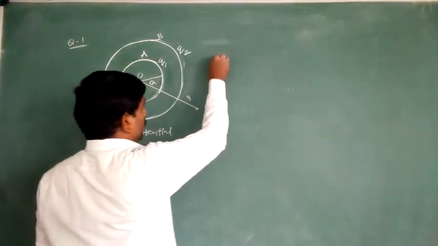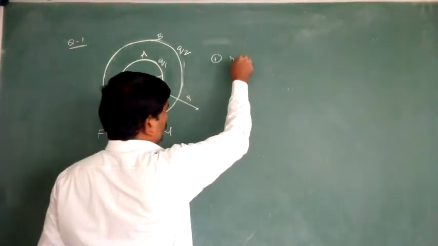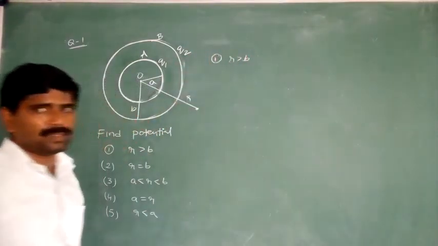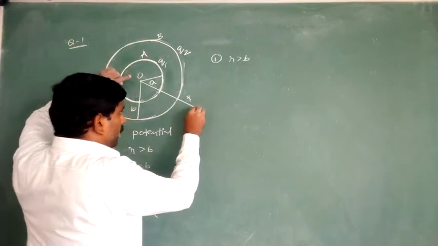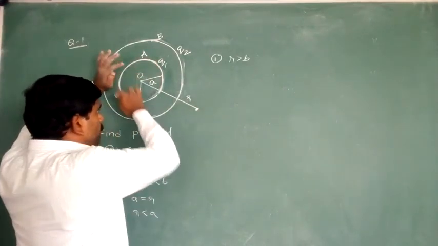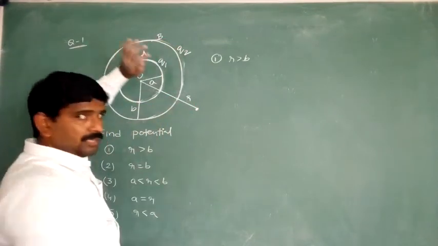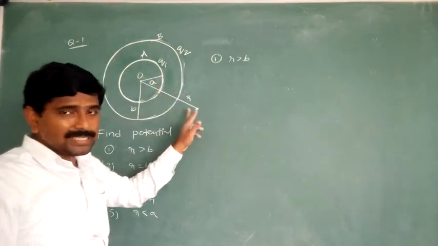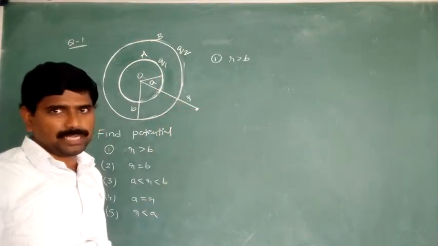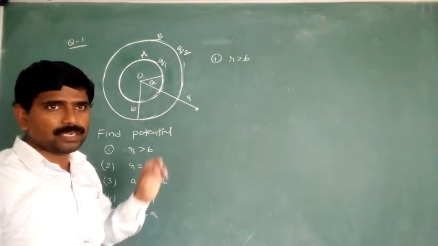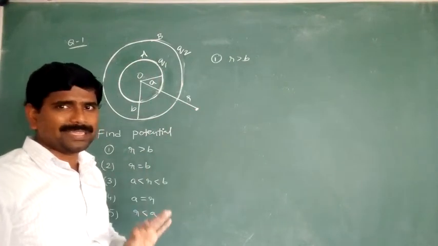First one, right now we find out the first case, r is more than that of b. So the potential at this point means the potential due to the first shell plus the potential due to the second shell. For both the shells, that point is outside. In case of outside of the shells, V is equal to 1 by 4 pi epsilon naught into Q by that distance.